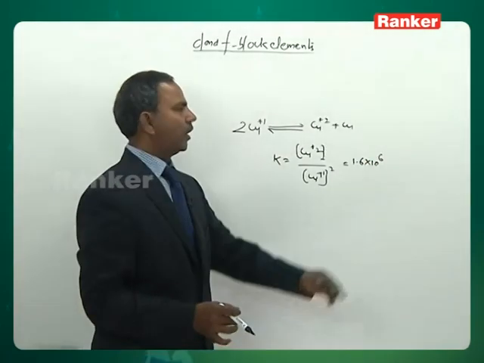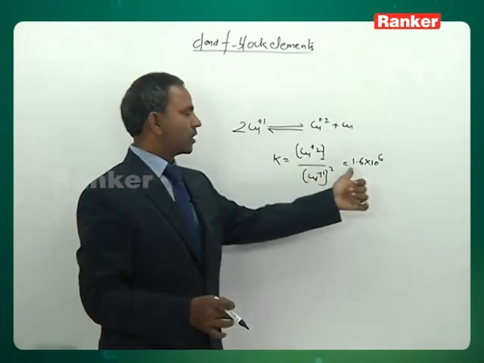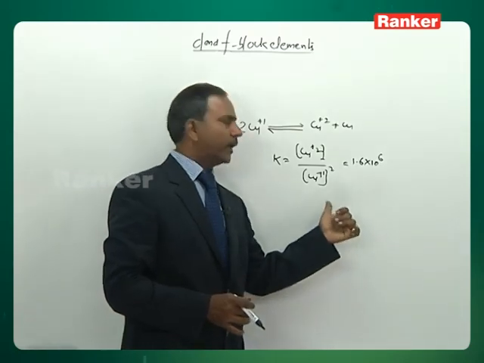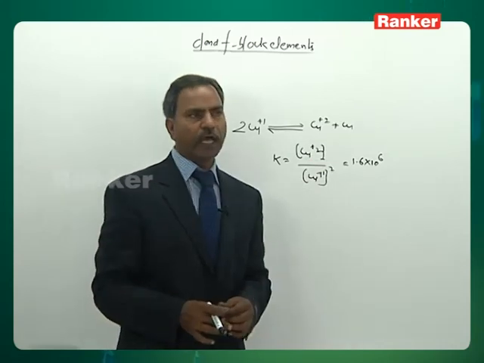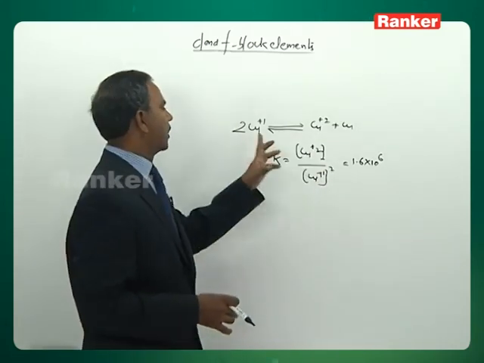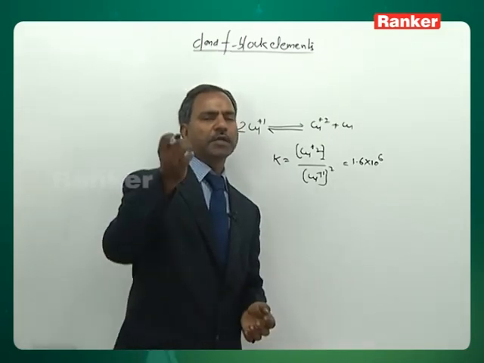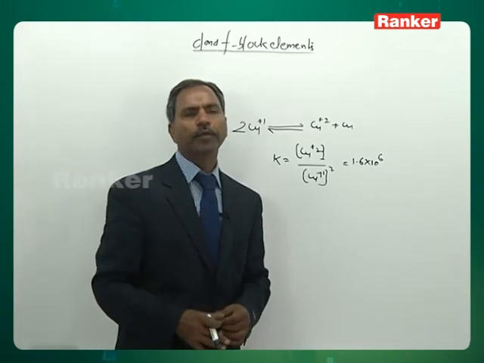Such a very big value means the copper plus 2 concentration is this many times greater than copper plus 1. Therefore, we conclude that copper plus 1 doesn't exist; if it exists, it is in very trace amounts.